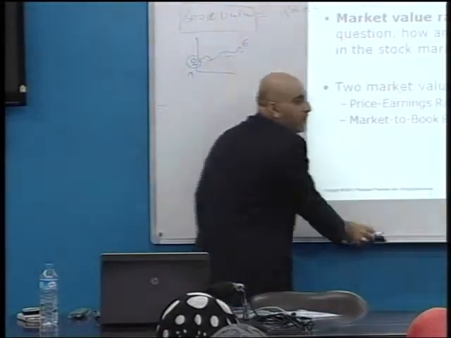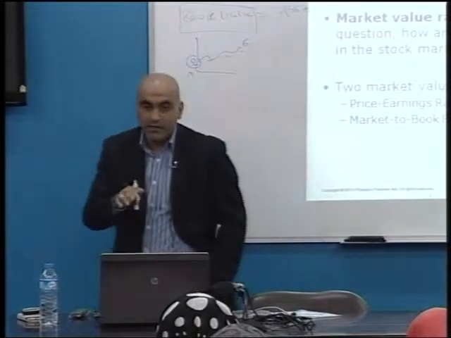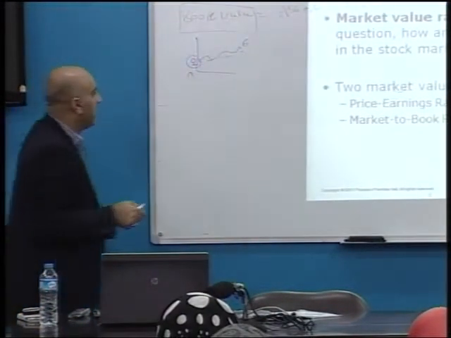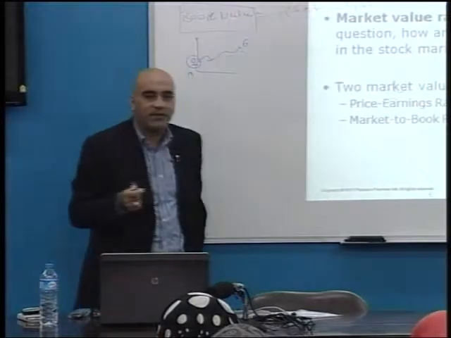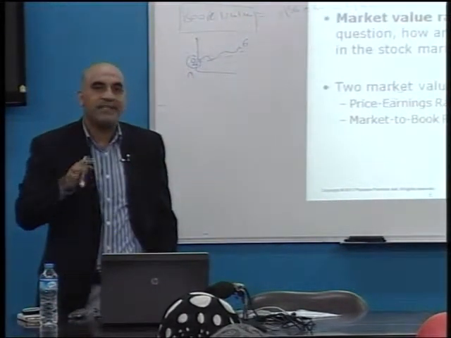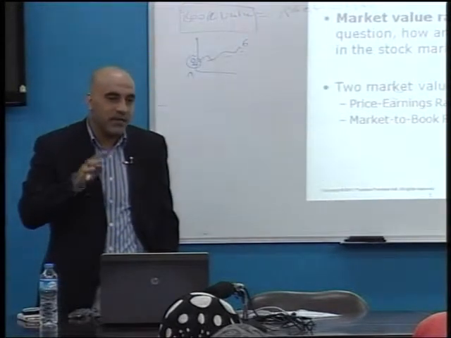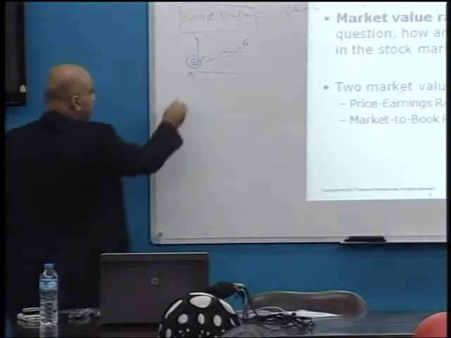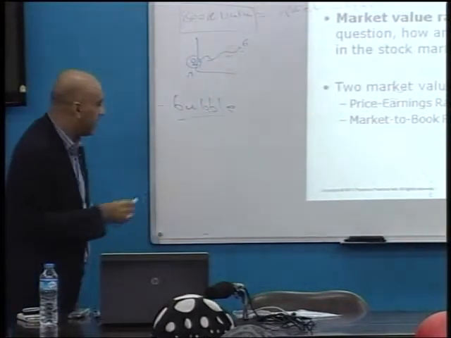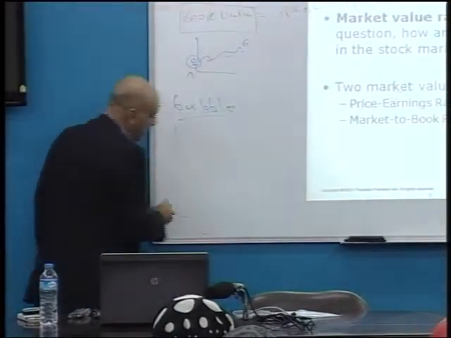Now, the problem is, maybe the market to book value, this is not in your textbook, but this is just to bear in mind. Sometimes it is not healthy to have a higher market to book value because it indicates something known as a bubble. What does it mean? Look at this example.